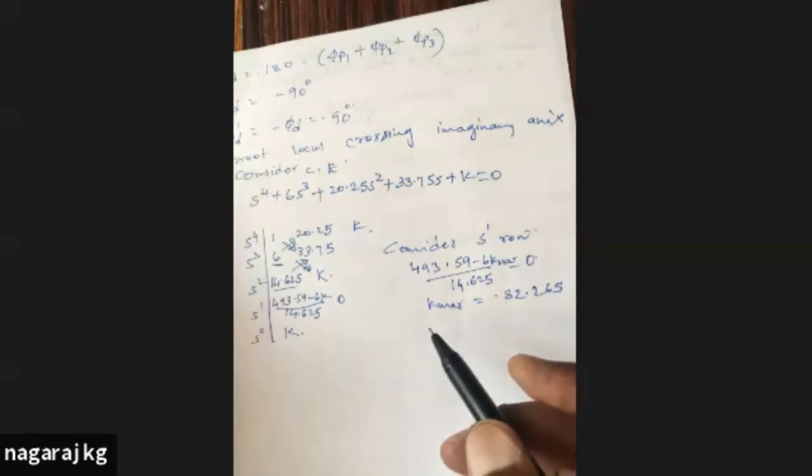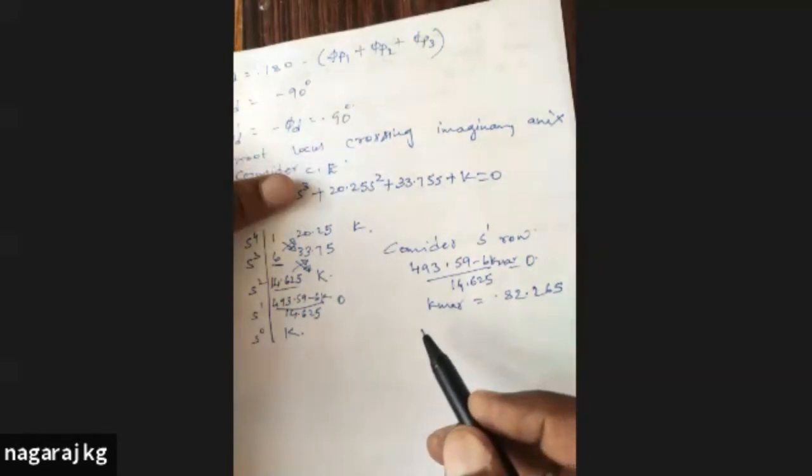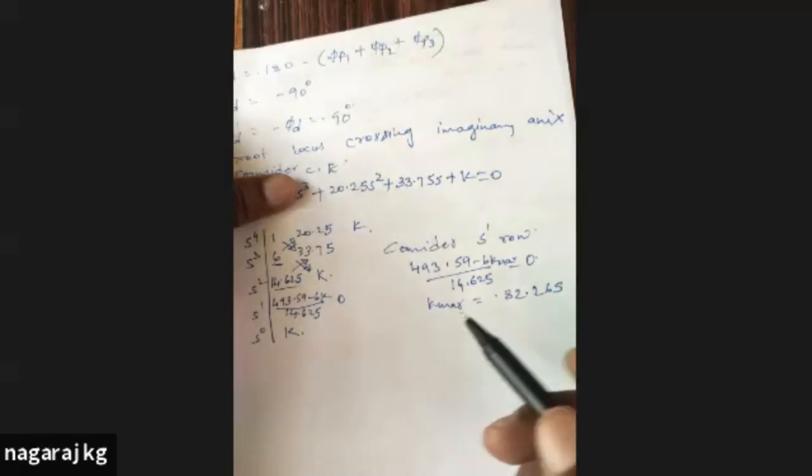Now we have considered the s to the power of 1 row. Take an auxiliary equation above this.